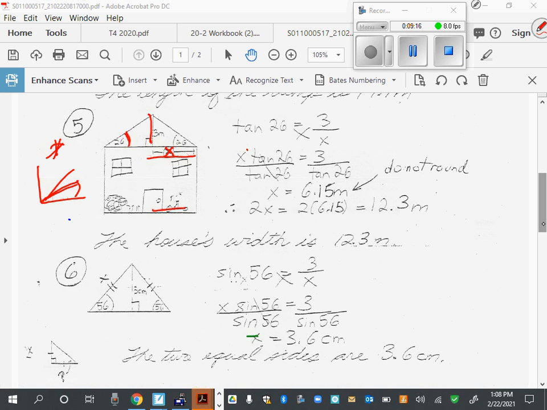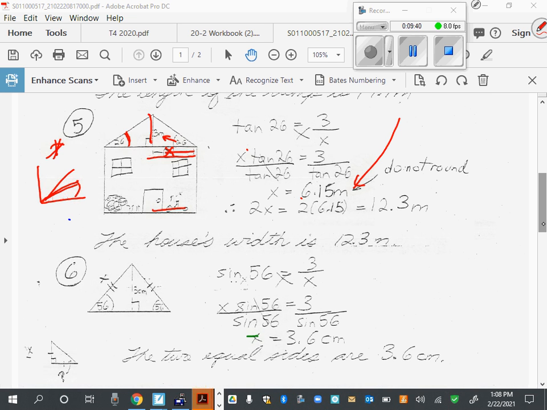So it's tan. We can find this triangle, but once we find x, that is not the width of the house. In fact, if you round it first, you're going to get 1/10 off, and I'm going to take a half mark off. Remember we talked about do not round until the very end of the answer. If it's a 2-step or even a 3-step, do not round until the last step.